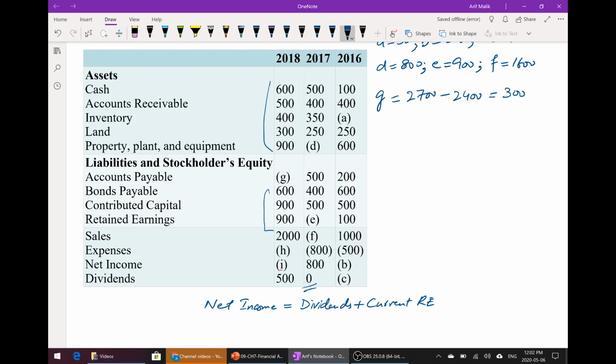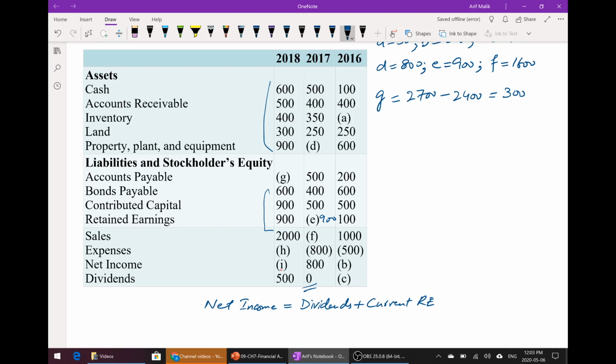For H and I, now the dividends are given. We can work out what is the net income. Now you can see from here that E was 900 previously, and this one for 2018 is also 900. This means that annual retained earning for this year is 0. The current retained earnings are 0.